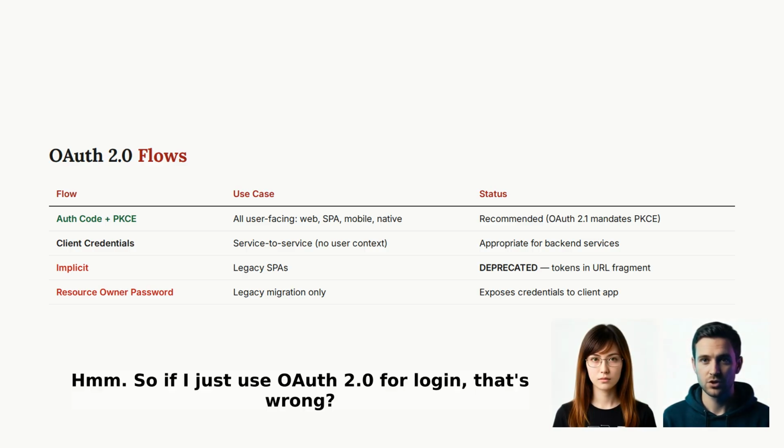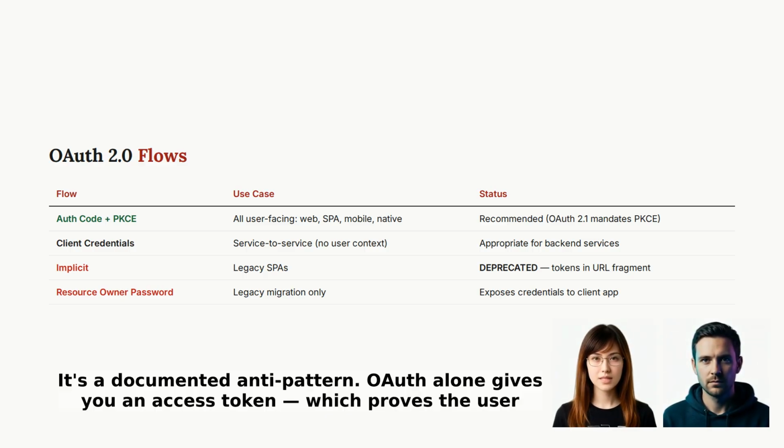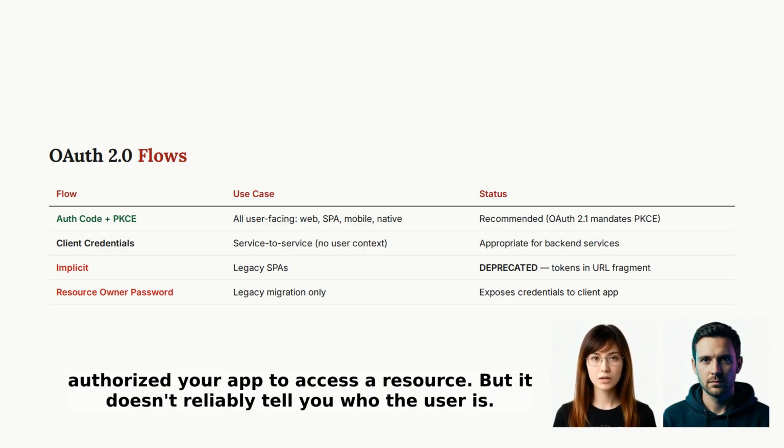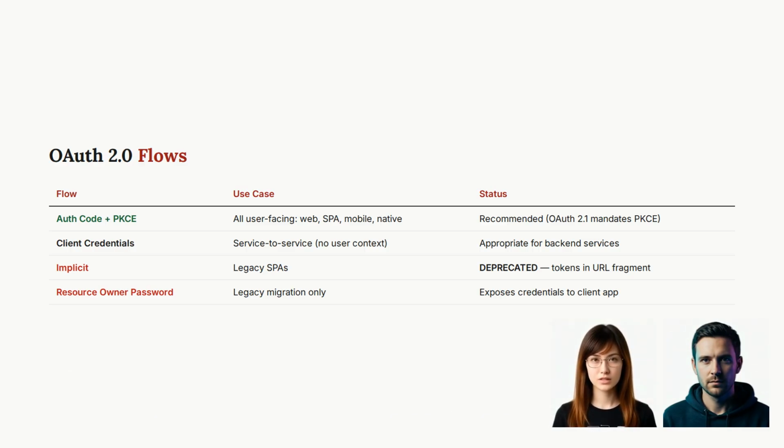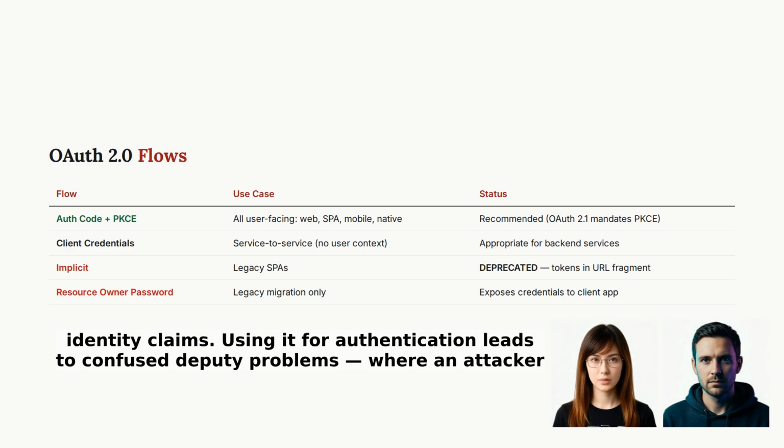So if I just use OAuth 2.0 for login, that's wrong. It's a documented anti-pattern. OAuth alone gives you an access token, which proves the user authorized your app to access a resource. But it doesn't reliably tell you who the user is. The access token might have been issued to a different application. It might not contain identity claims.